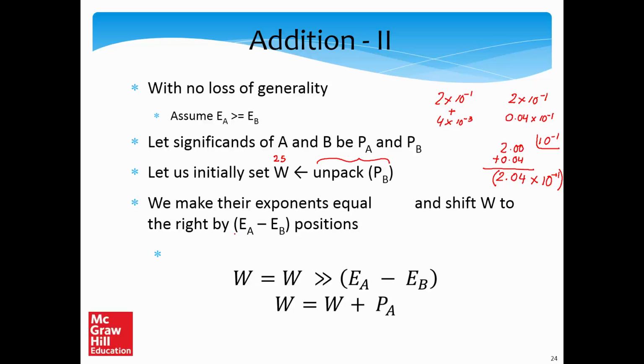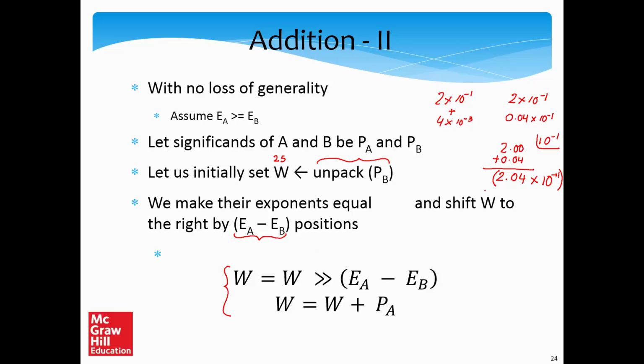This is a very simple thing. ea minus eb is the difference in exponents, so if we shift w to the right by these many positions, then effectively we'll be multiplying EB by 2 to the power EA minus EB to make it EA. Then we will be able to align the decimal points and add.